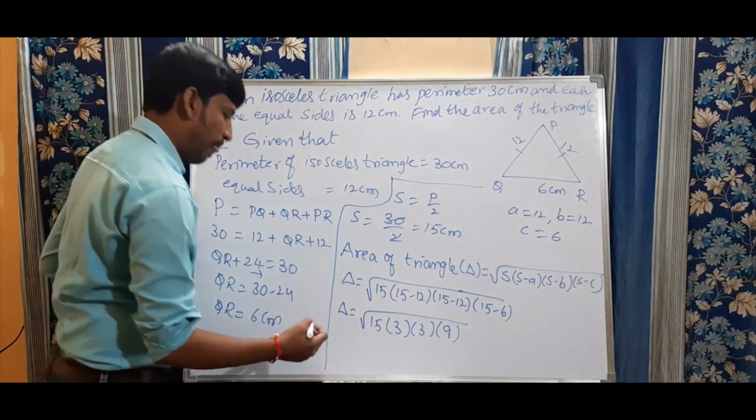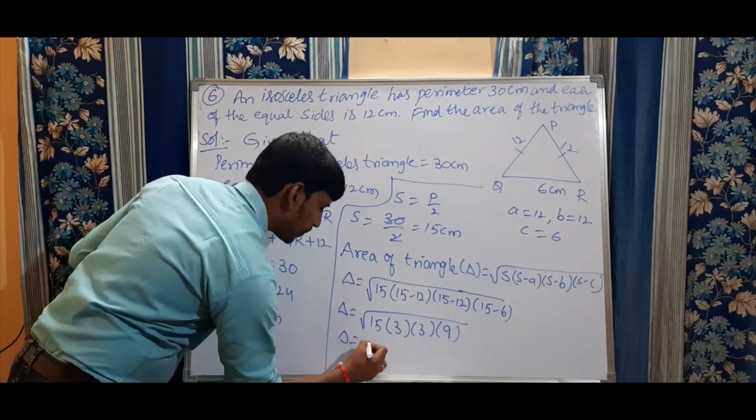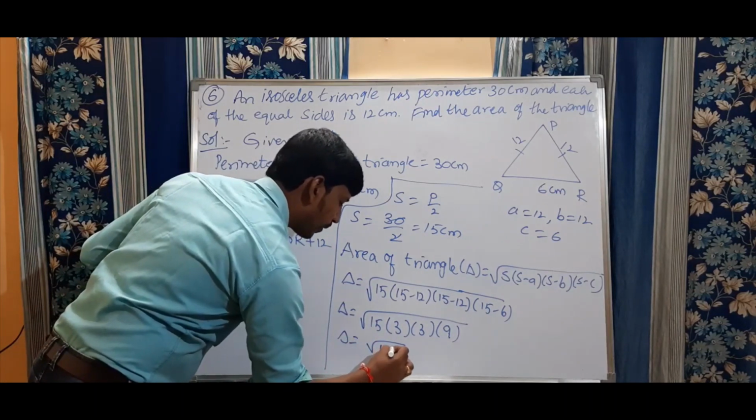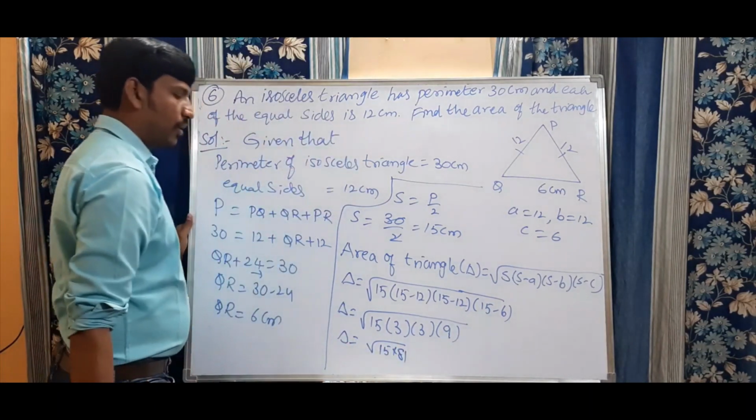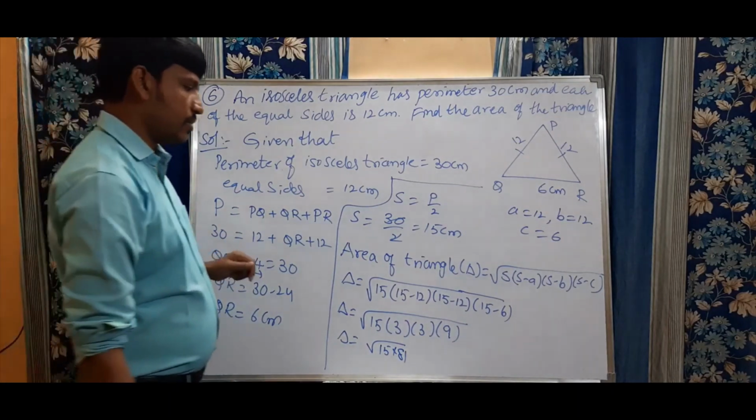So delta is equal to the root of 15 into 81. The root of 81 is nothing but 9.